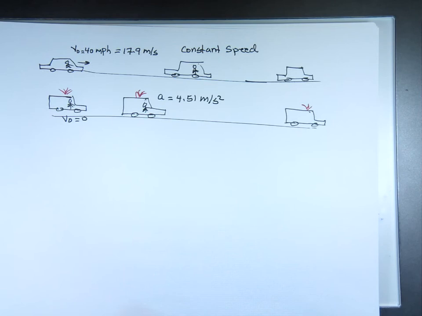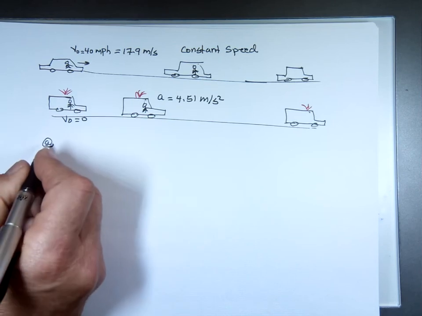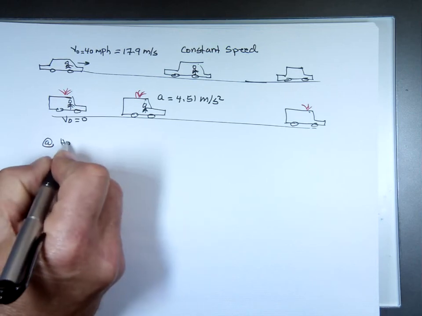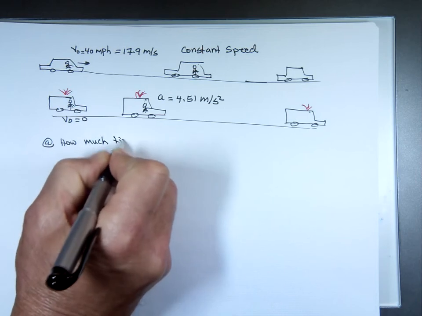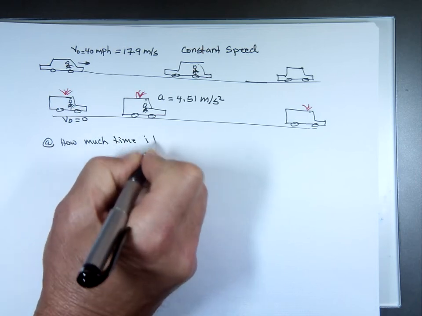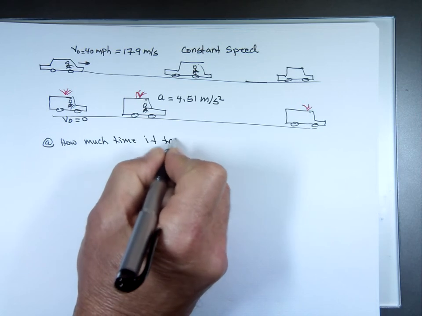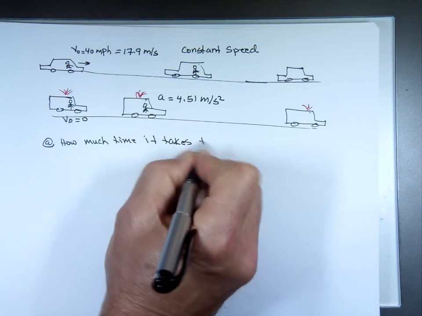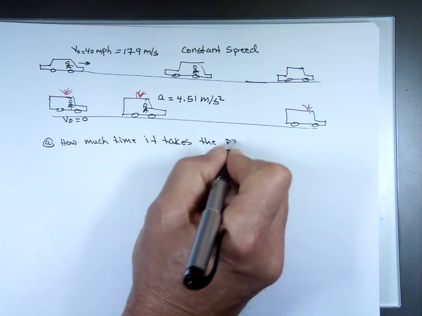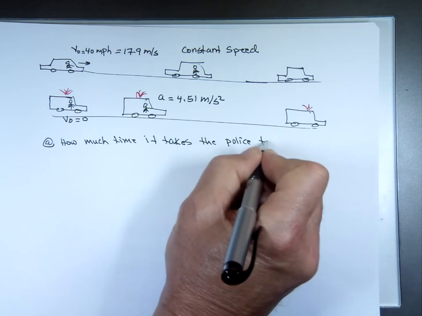The first question: how much time does it take for the police car to catch the speeder?